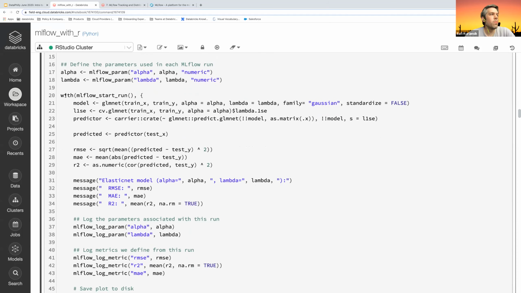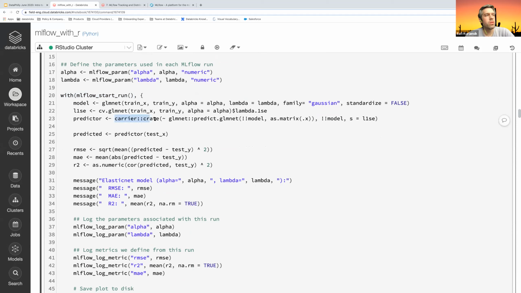Now, with each run, with each iteration in my experiment, we're going to continue along with our data science workflow. We will train a model, we'll do some cross-validation, and then, in the R API, this is a critical step to log the model.